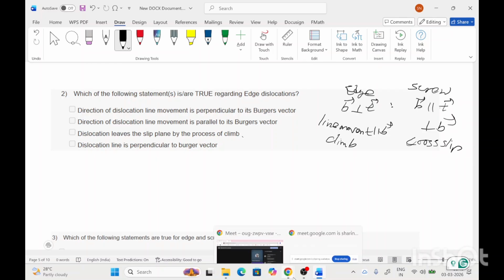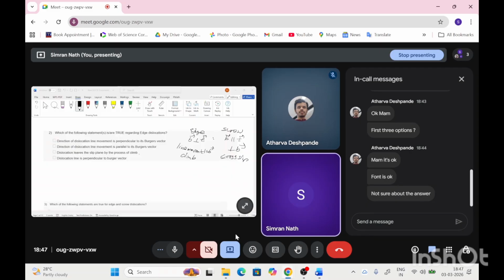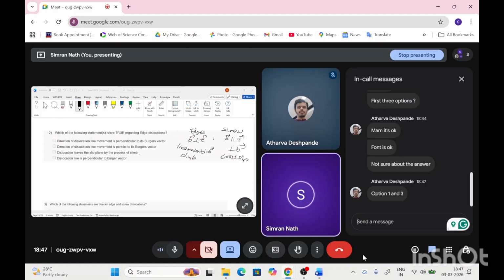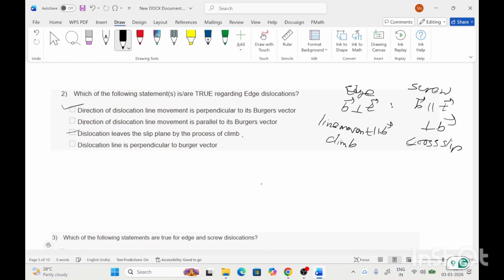So now can you answer? Option one and three? Yes. One more, the dislocation line is perpendicular, no, this is the second question.